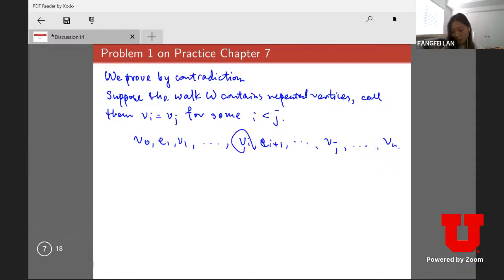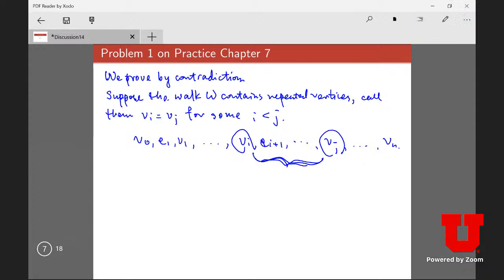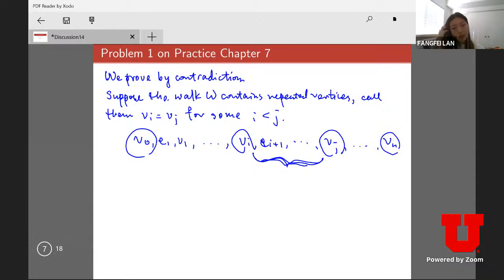We know that these two are the same vertex. What does it tell us about this walk right here in the middle? Is it necessary? Do we need this to go from V0 to Vn?